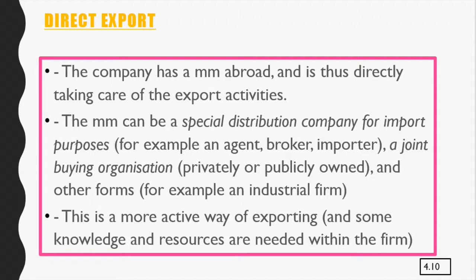It can be an industrial firm that is buying your raw materials or products, and that then sells to their own customers, functioning as an importer in a way. So many different types of middlemen. The list can be really long here as well.